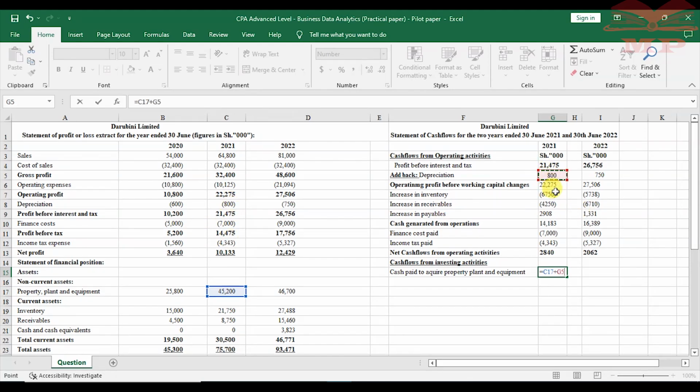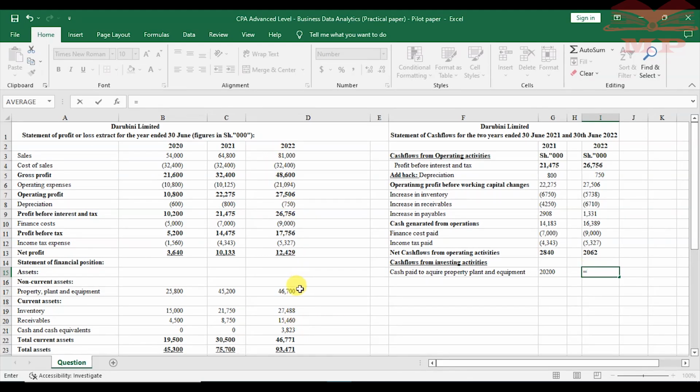You add 800, then you less the balance of PPE at the beginning of the year, which is 25,800. What remains there is what was paid to acquire. That is the balance on the debit side of the PPE account, which gives you 20,200.